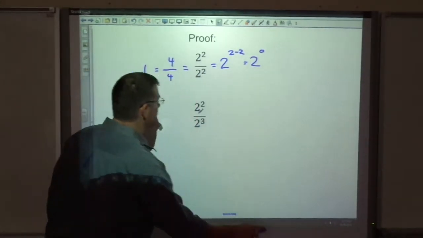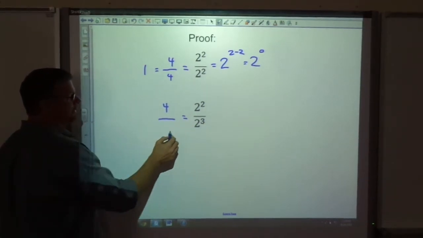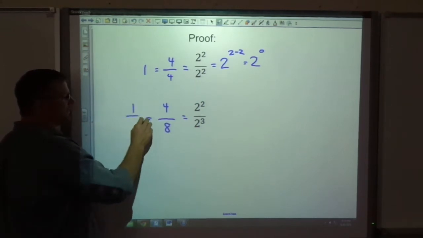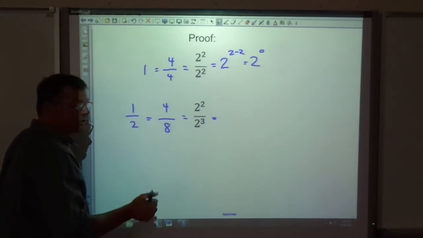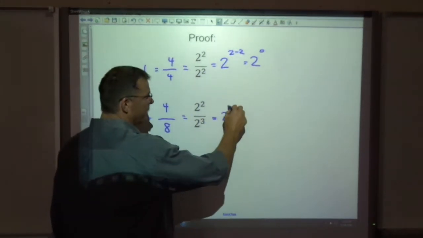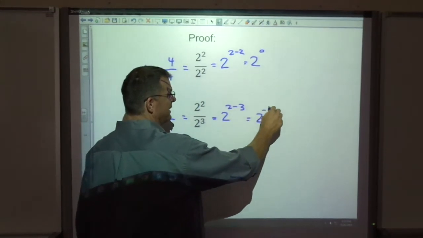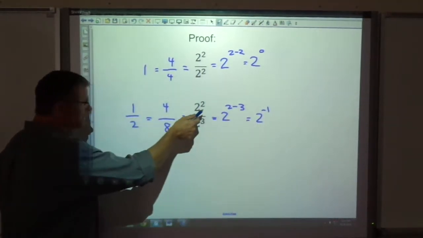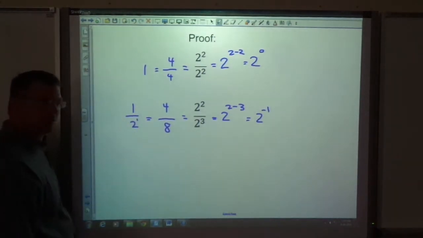What if we have this? 2 squared is 4. 2 to the 3rd is 8. 4 divided by 8, 4/8 reduces to be 1/2. Using our rules of exponents, we know this is 2 to the 2 minus 3 power, which is the negative 1 power. So 2 to the negative 1st equals 1 over 2 to the positive 1st.